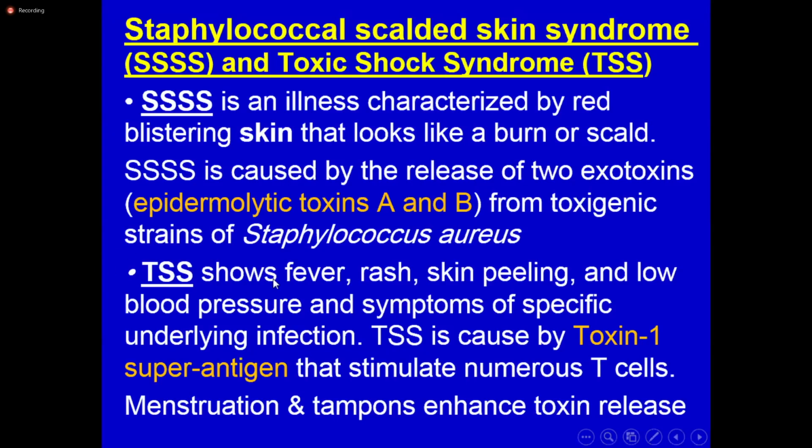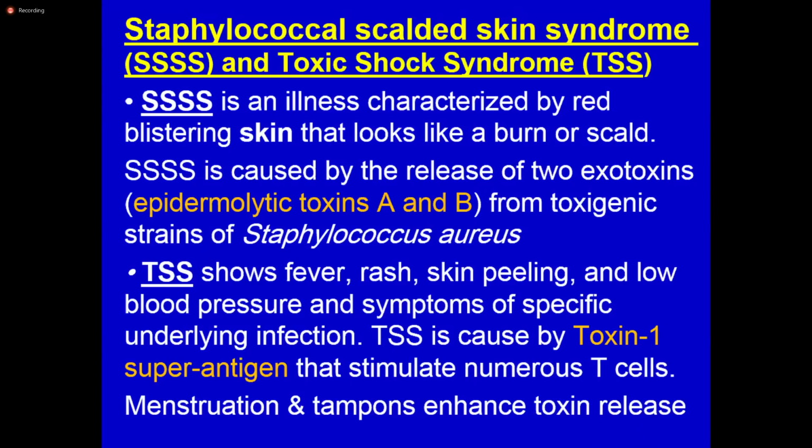Toxic shock syndrome shows fever, rash, skin peeling, low blood pressure, why? Shock, and symptoms of a specific underlying infection. This syndrome, TSS, is caused by toxin 1 superantigen, and we said Staphylococcus aureus has superantigen. So toxin 1 superantigen can stimulate numerous T cells.